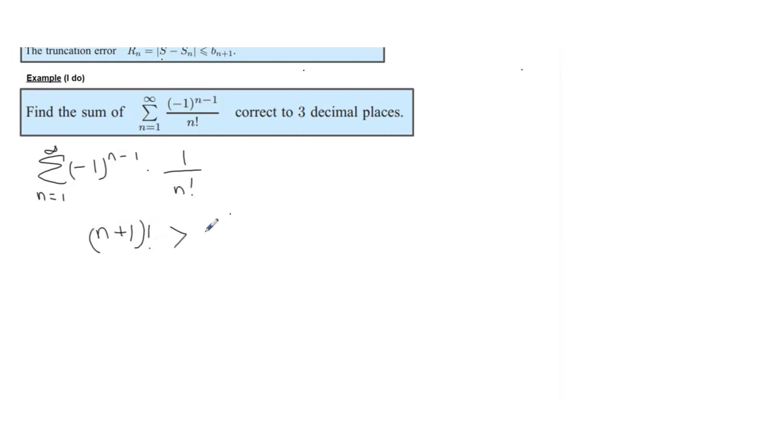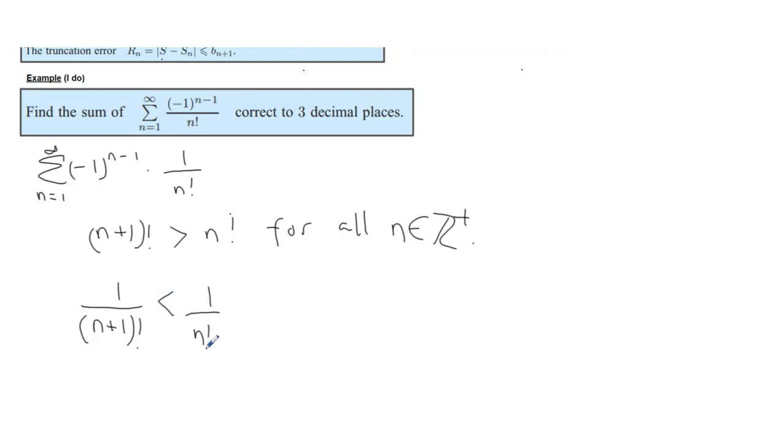It's quite clear that n plus 1 factorial is greater than n factorial for all positive integer n. In fact, factorials don't really make sense for any other type of n anyway, but we'll write it like this. If we take the reciprocals, then if n plus 1 factorial is bigger than n factorial, 1 over n plus 1 factorial must be smaller than 1 over n factorial, because we're dividing by more.